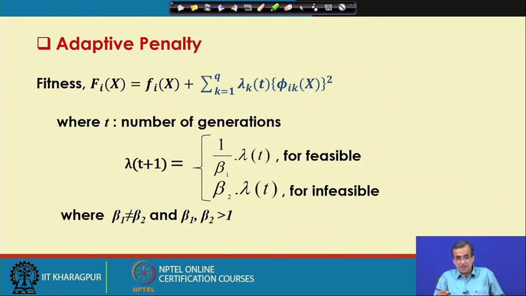So, instead of putting penalty equal to 0, we put some small value. This method is slightly different from the dynamic penalty approach and the static penalty approach.